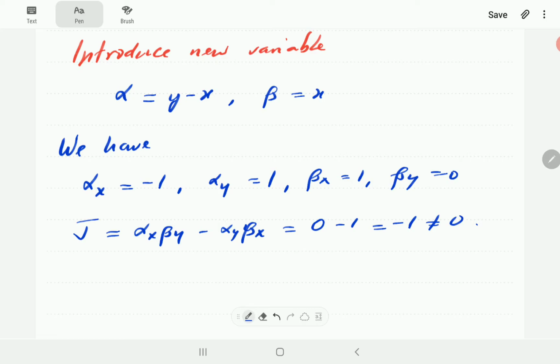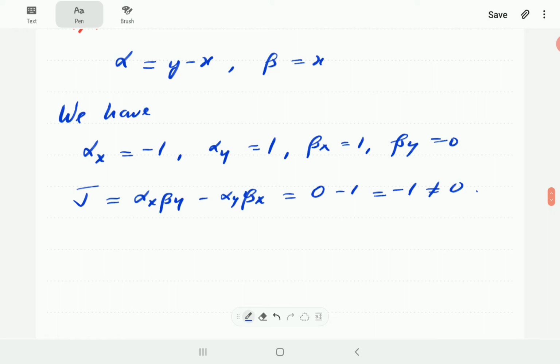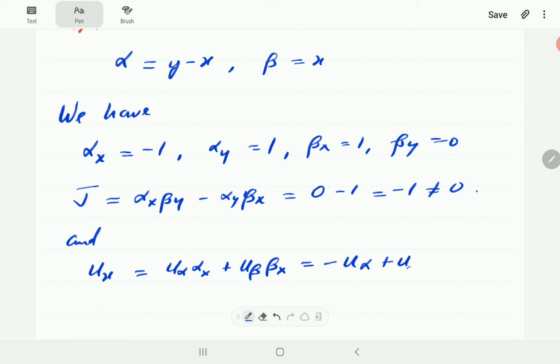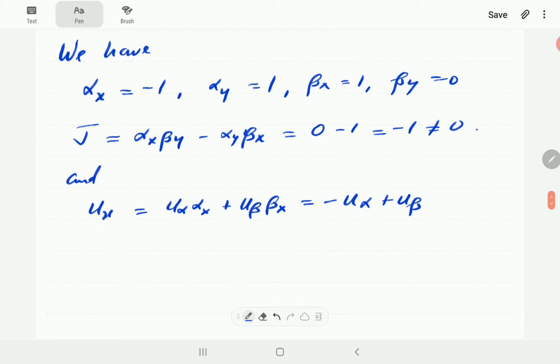So then after that, we just find the derivatives. So ux is going to be u alpha x plus u beta x. Alpha x is -1, beta x is 1. Okay, so that's going to be the ux. Then uxx is going to be u alpha alpha minus 2u alpha beta plus u beta beta.